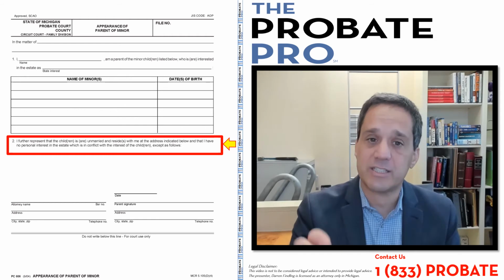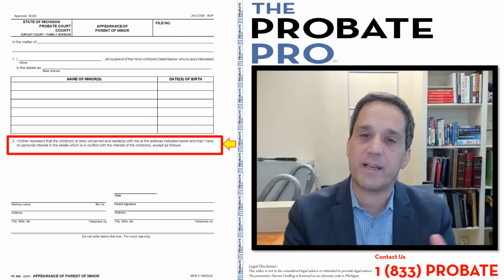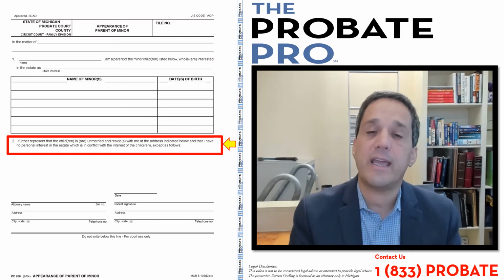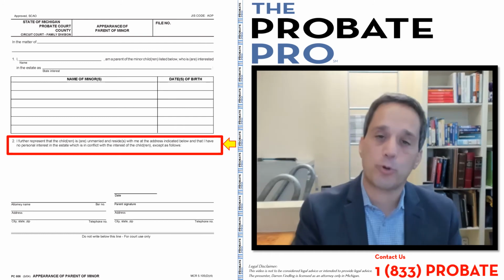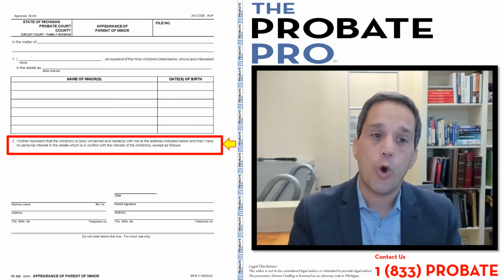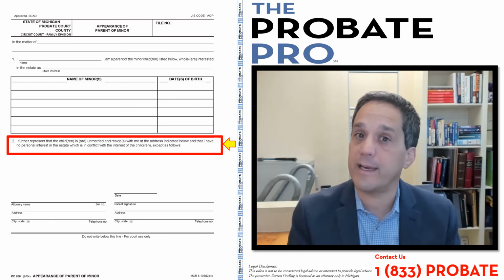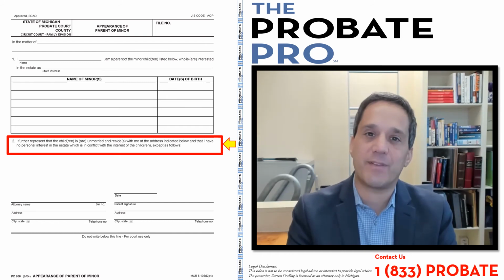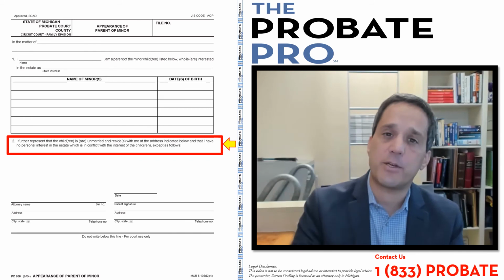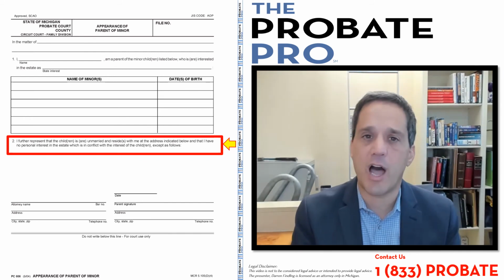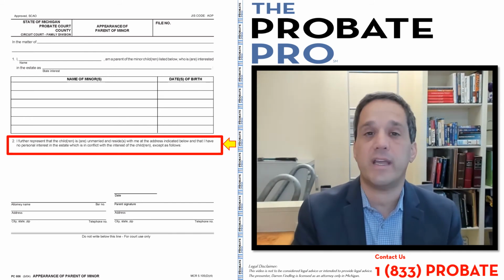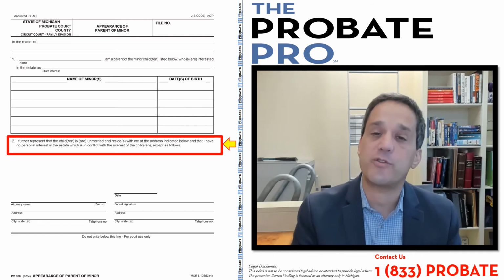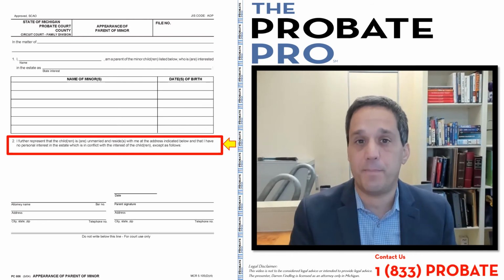So if they exist, you'd identify what those conflicts may be so that the court can decide whether it's appropriate for you to be in an appearance or whether the court needs to appoint a guardian ad litem or something else to be able to address that conflict that exists between the parent and the child. This doesn't happen very often, but it does and it could exist. And if it does, you have to identify what that conflict may be.